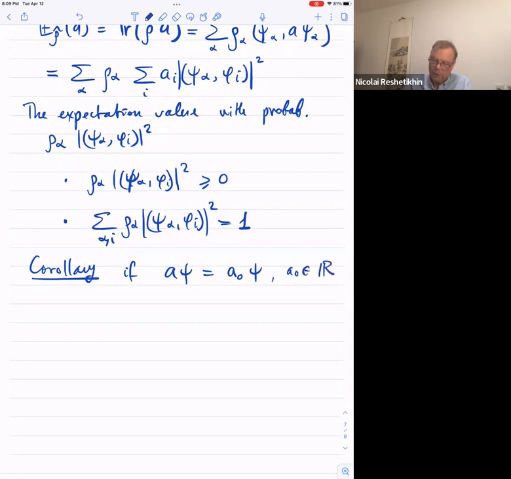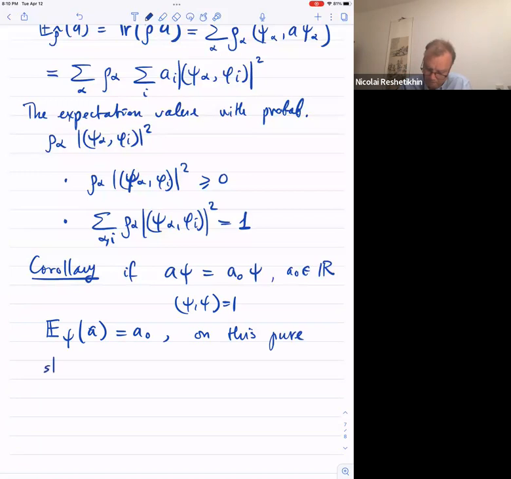So if this vector is an eigenvector of an observable A and it's normalized, then the expectation value of A on this pure state is just equal to A0. So this means that on this pure state, A has value A0.